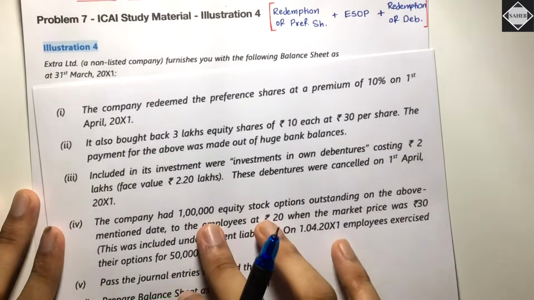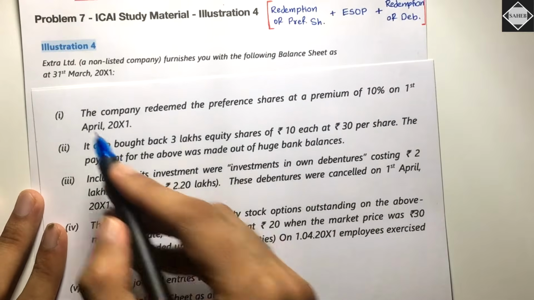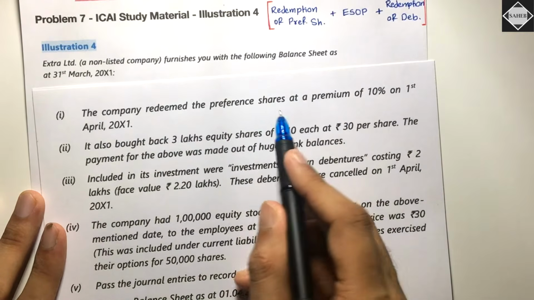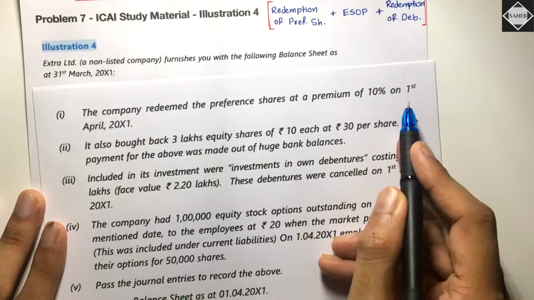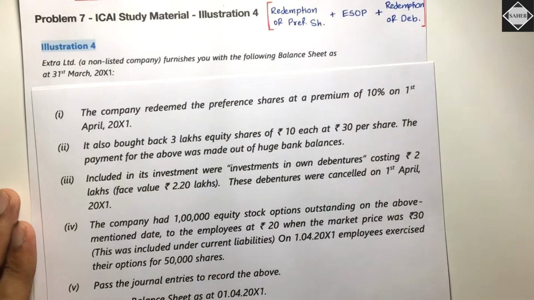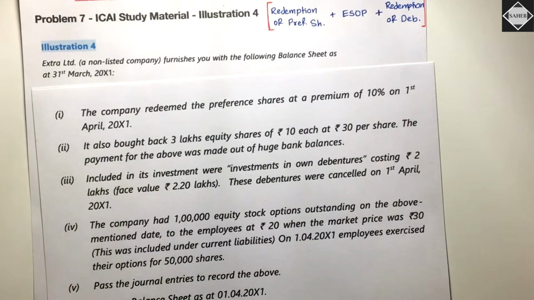In the first point they are talking about redemption of preference shares. The company redeemed the preference shares at a premium of 10% on 1st April 2021. All the preference shares have been redeemed at a premium of 10%.